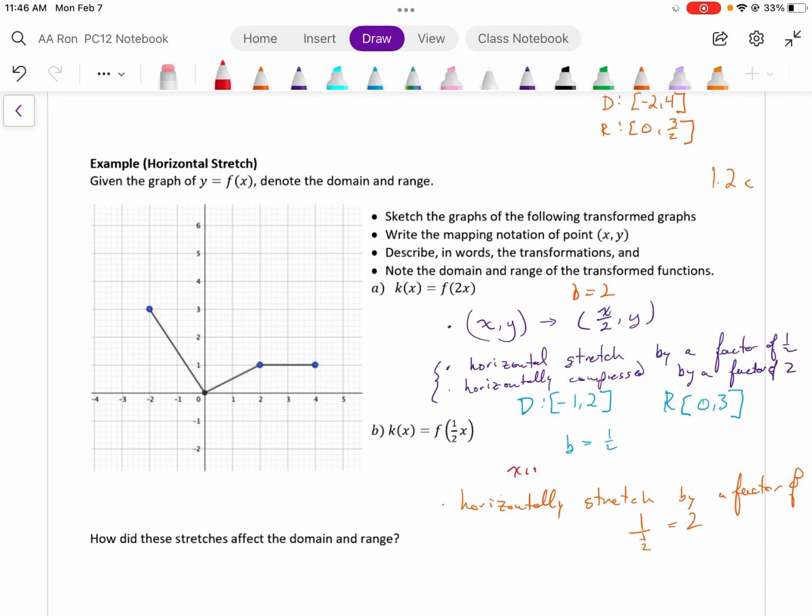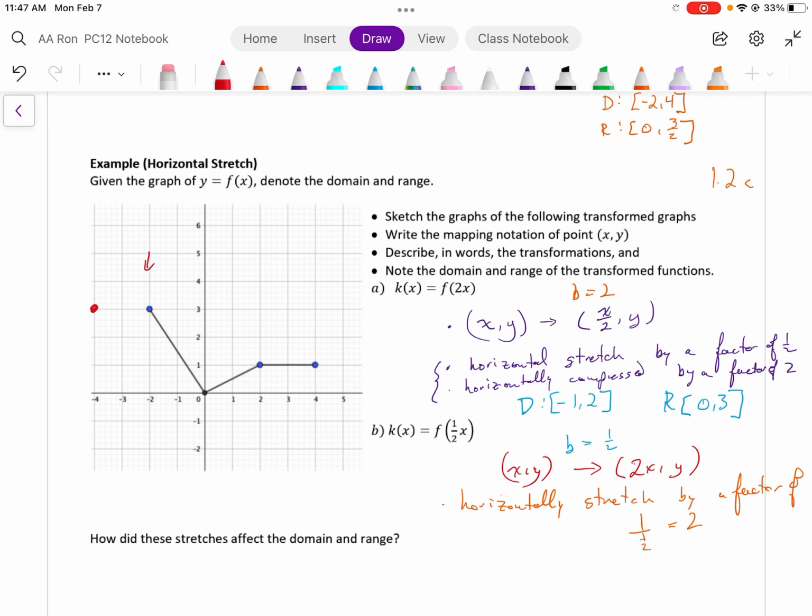So I have point (x, y), and how does this point change? Well, we change it into point (2x, y). And this might make sense. We horizontally stretch by a factor of 2. All right, so I'm going to take this point right here, and this point is (-2, 3). I'm going to multiply the x value by 2.